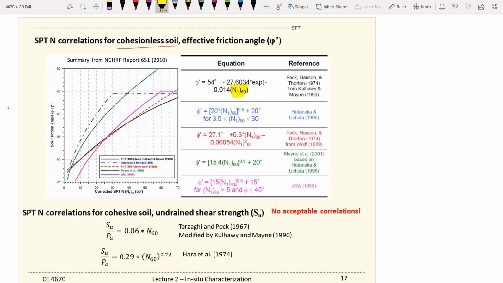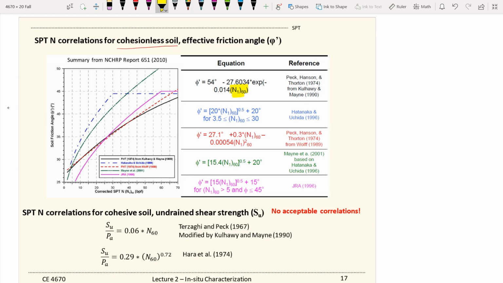So they have a database and they try to build up correlations. So in order to compare apples to apples, the SPT N once obtained needs to be standardized by changing it to something like N60, and then they end up with all these correlations.